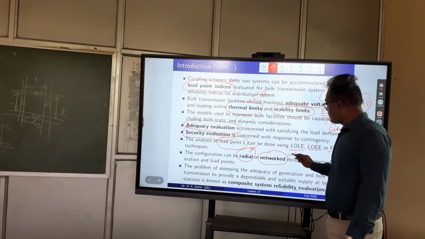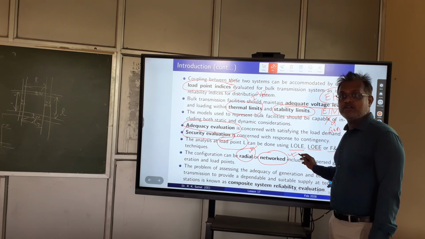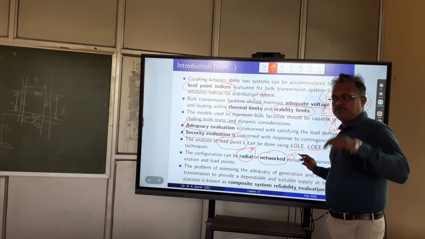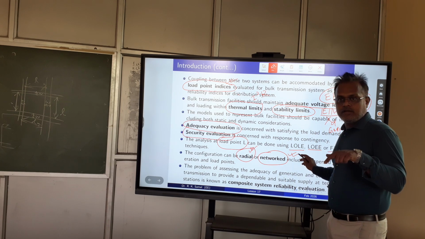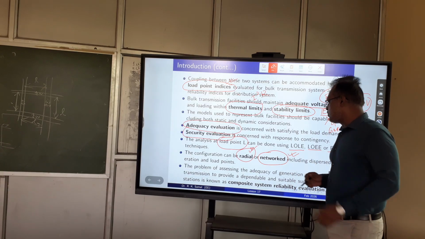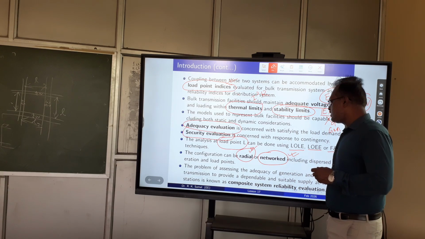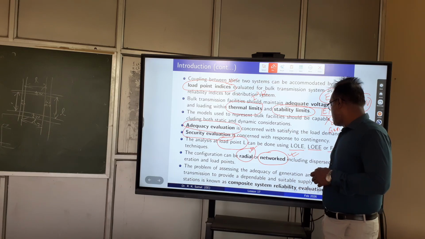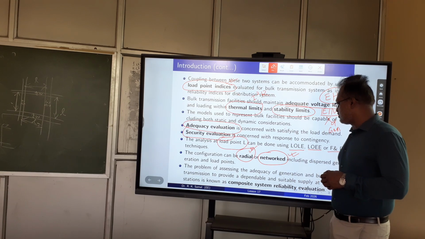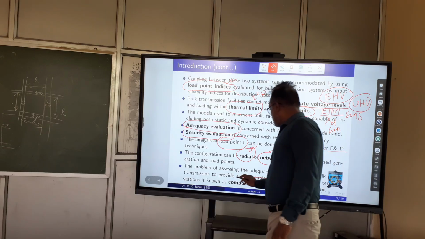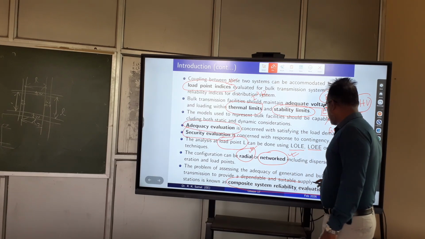This is mostly applicable to modern distributed generation systems, like integrating wind, solar and different parts of the network. The problem of assessing the adequacy of generation and bulk transmission is to provide a dependable and suitable supply at the terminal stations, known as composite system reliability.